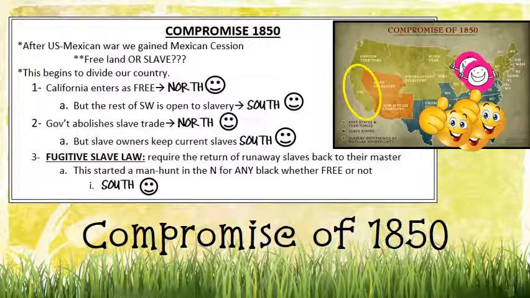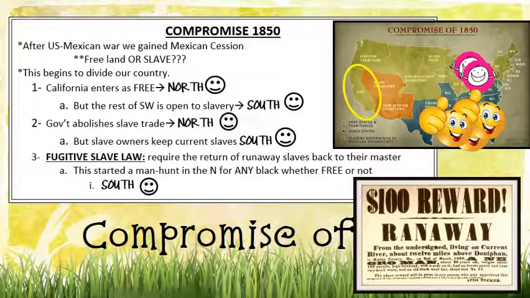But once you implemented the Fugitive Slave Law, it's like open season, and somebody could hunt you down and bring you back to the South where you didn't really have a master. But they're like, oh, too bad, you're here now and slavery's legal here, so hop on in on the cotton field and get going. So it's very controversial. You can imagine how this continued to drive a wedge between the northern states and the southern states.